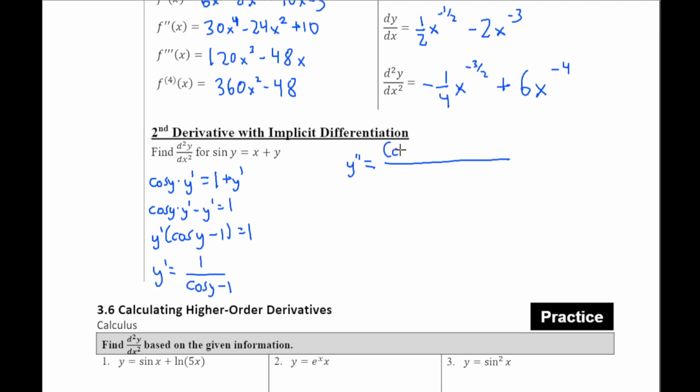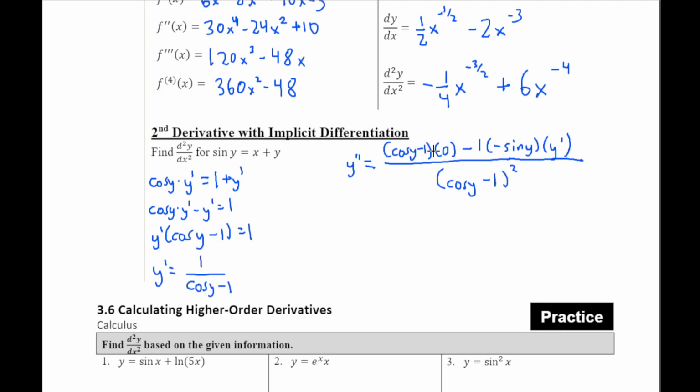Low d high, which is cosine y minus 1, multiplied by the derivative of the top, which is just a 0, minus high d low, minus 1 times the derivative of the bottom, which would be negative sine of y multiplied by y prime, and then over low low, which is cosine of y minus 1 squared.